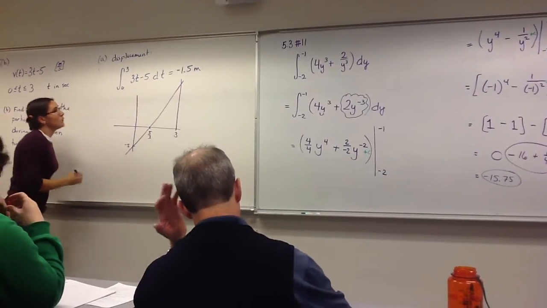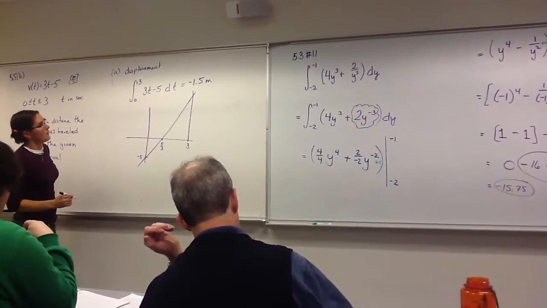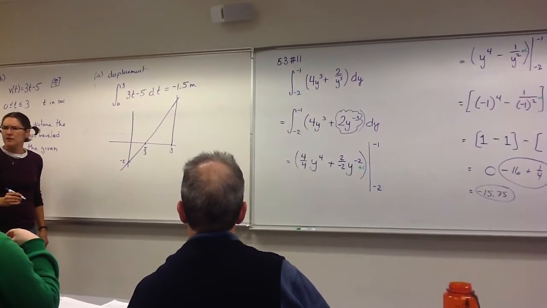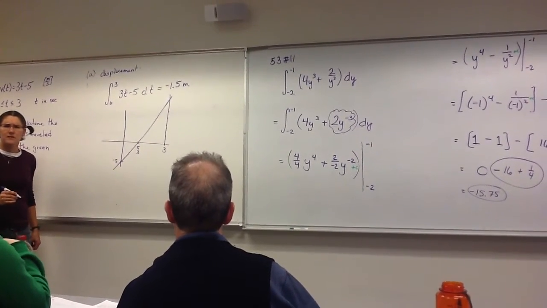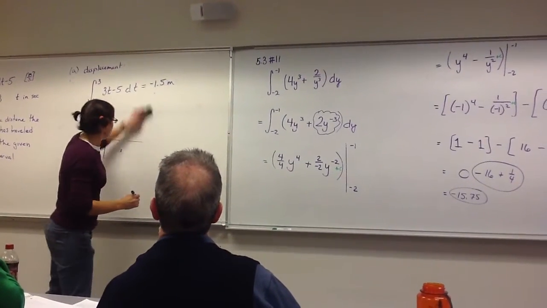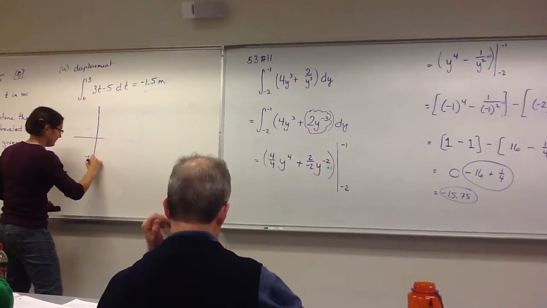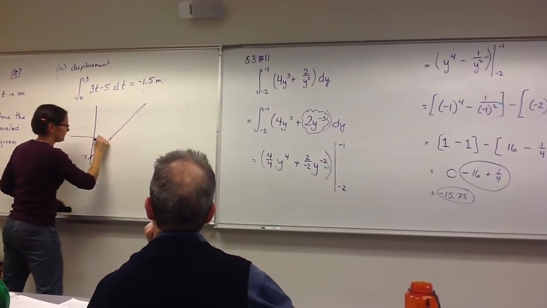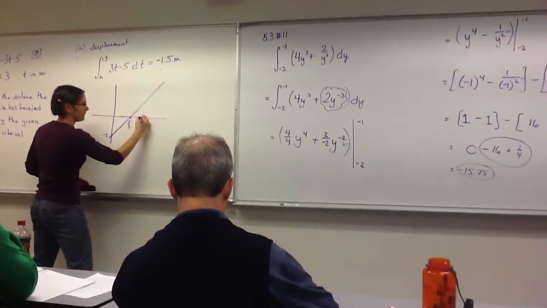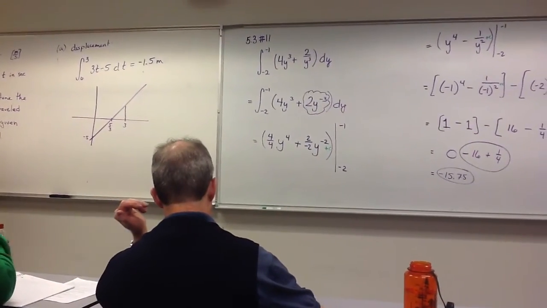And this is actually a bad drawing. What is 5/3? 5/3 is 1 and 2/3, which means that it's farther over than what I have drawn there. So let me try that again. Okay, that's a little better.